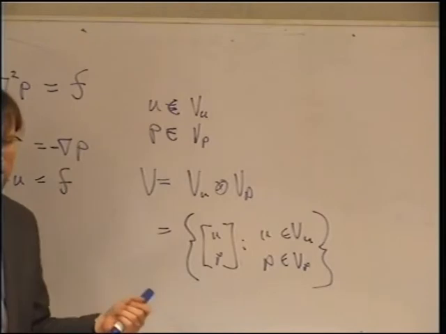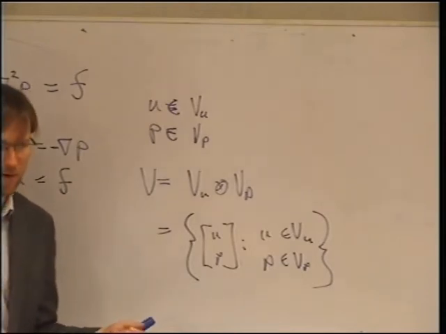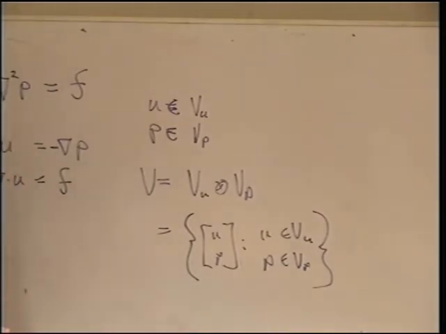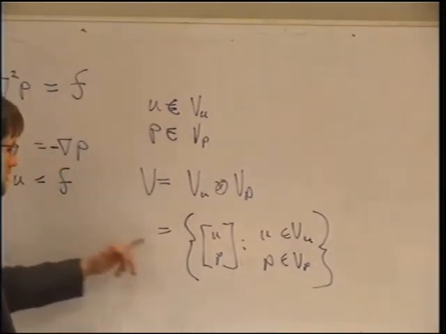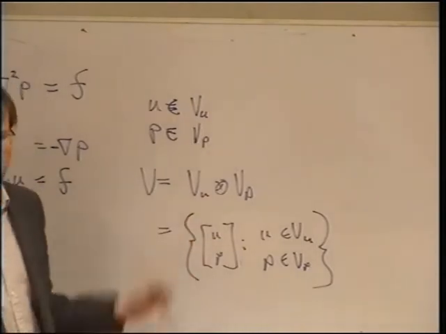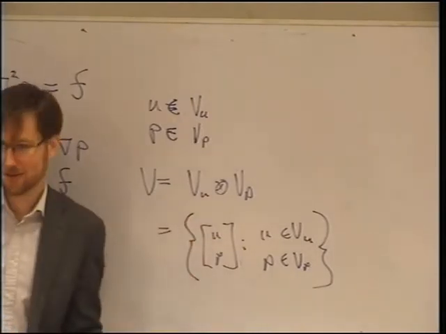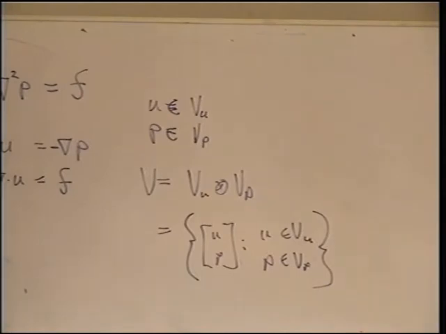The two functions I'm adding each have a u component and a p component, and the output has the sum of the u components and the sum of the p components. I also have to be able to multiply by a scalar, and that's easy. I just multiply the u and the p parts by the same scalar. So that's perfectly well behaved. And we can then ask ourselves what the basis for this space looks like.